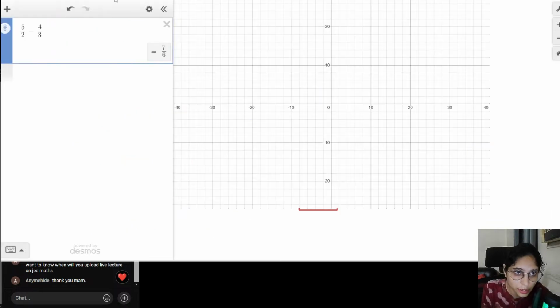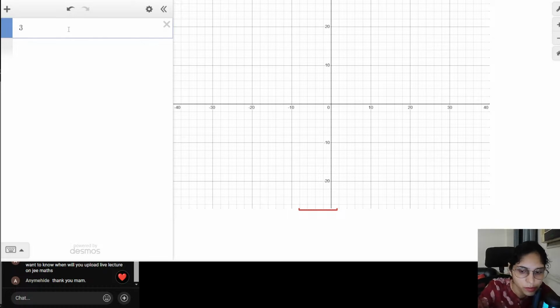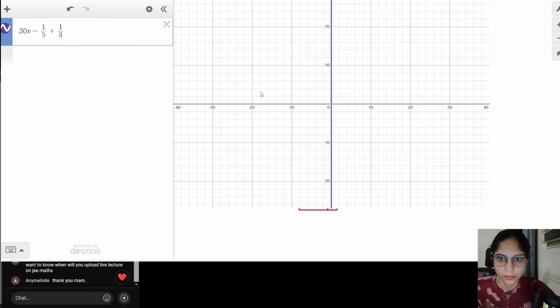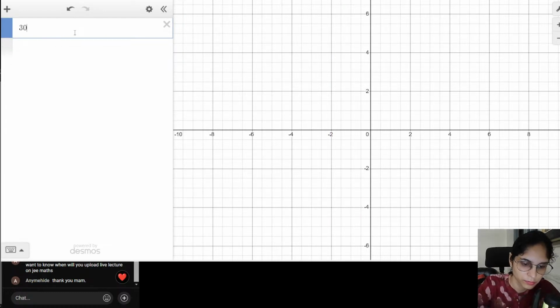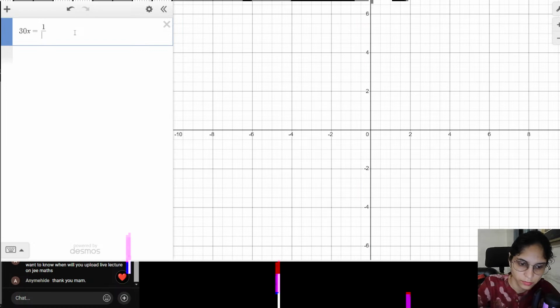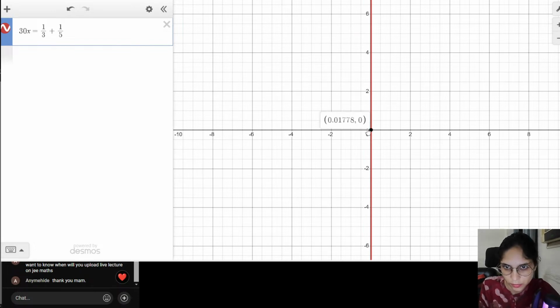Try this equation, you'll get the value of x. 0.01778.